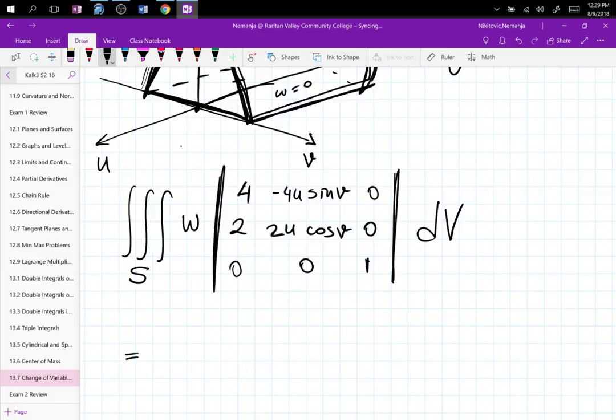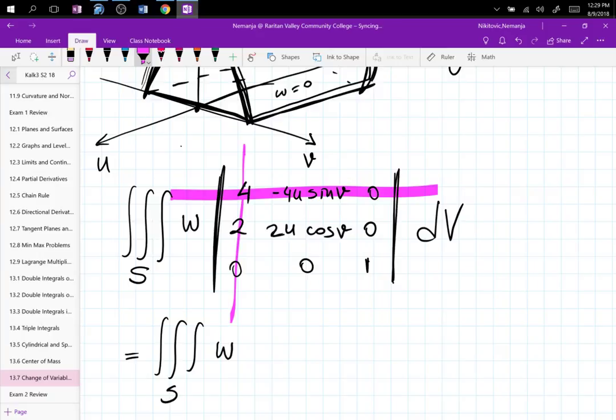We need the determinant for this. Observe a 0 and a 0 there, so those die, right? This is the only one that survives, right? So we have a triple integral over S, that's a w there, and if I pick 4, let me just draw this out. Oh no, actually this survives too.